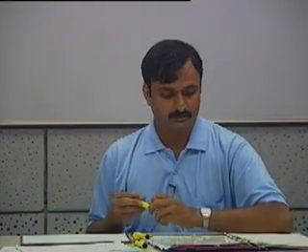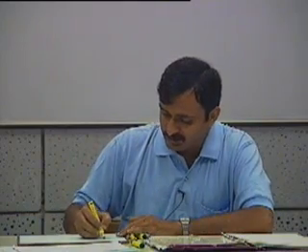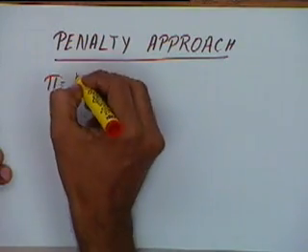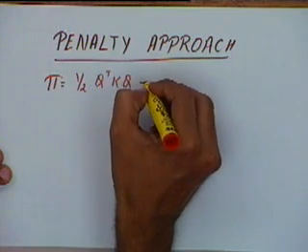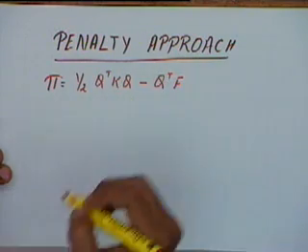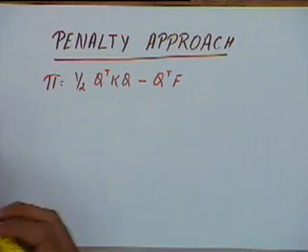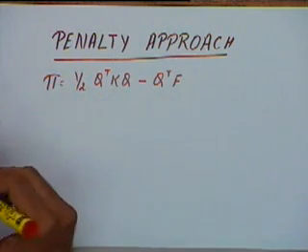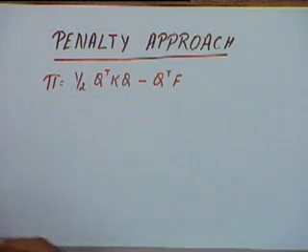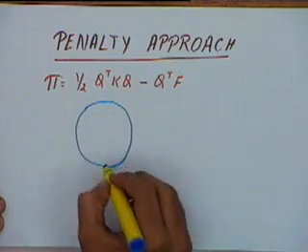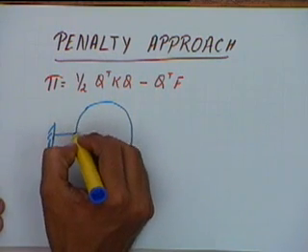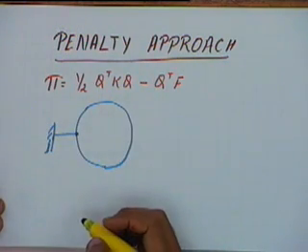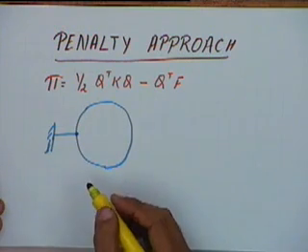If we look at the potential energy expression that we had earlier in the Rayleigh-Ritz method, we said that the potential energy pi will be equal to half of q transpose K q minus q transpose F. For this we had let us say some body, and on this body we are considering some constraint that some node over here is fixed or has a fixed displacement.